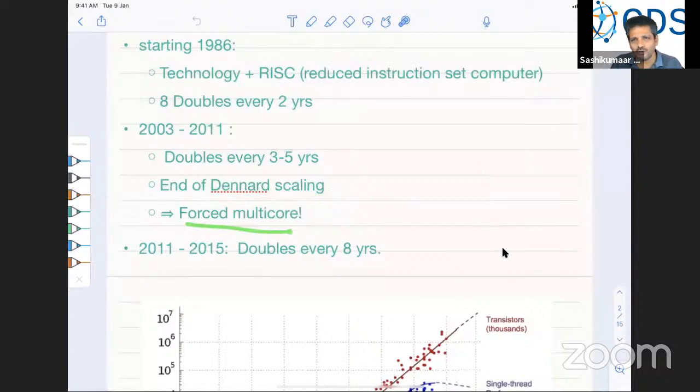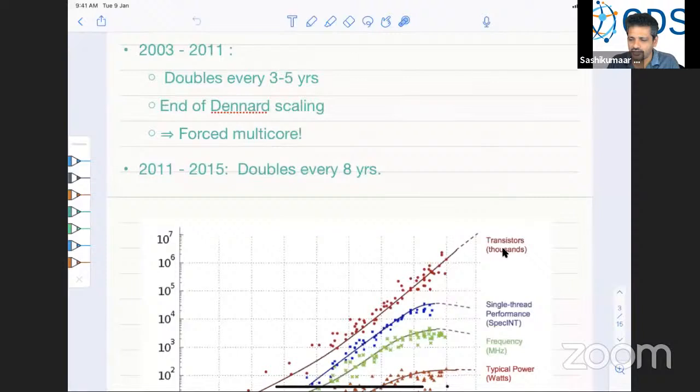In fact, if you look at Intel's history, they started some project to accelerate the speed, but they were forced to stop that project and redesign in such a way that they should concentrate on multi-core. So this is how the multi-core idea came, and it is not by choice. It was done by force. We don't have any option, but we are forced to come up with this choice.